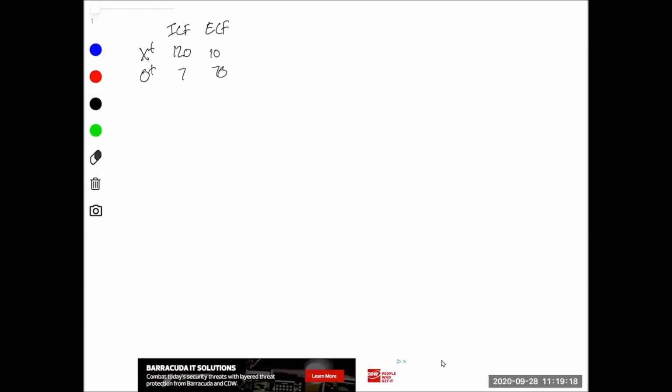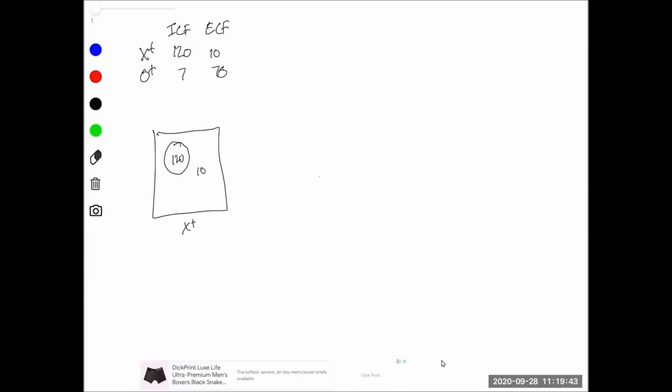So when you look at the concentration of X plus, here's my container. And so inside the cell, because I don't need a container, X plus is 120. This is for X plus. And outside, it's 10. So there are more ions inside the cell than outside the cell.